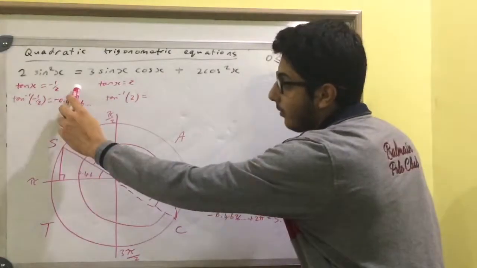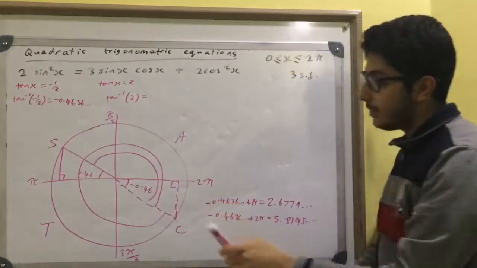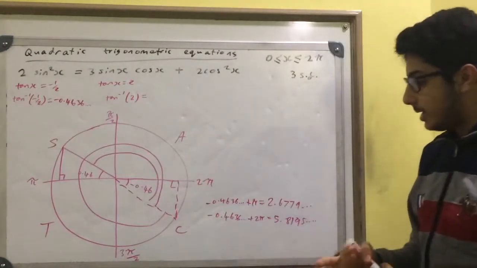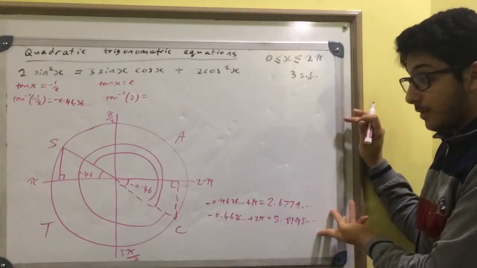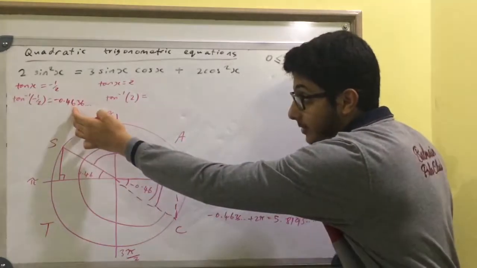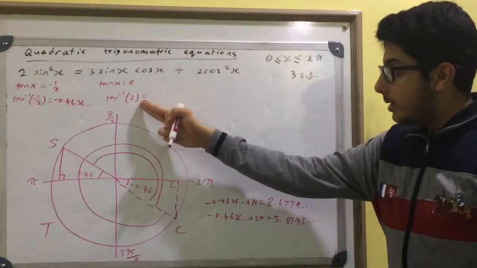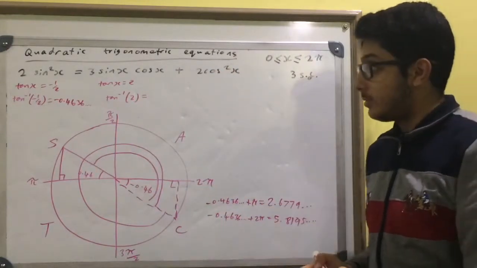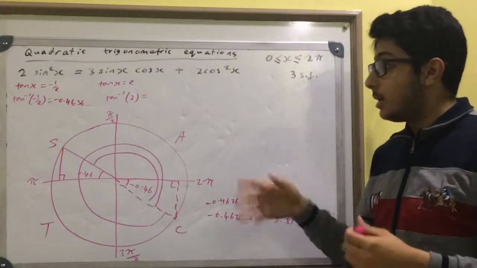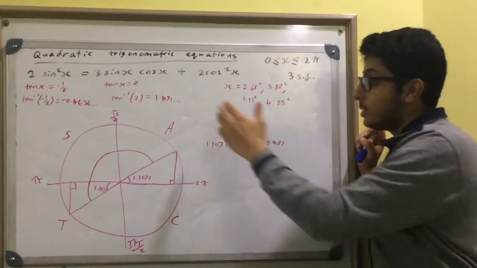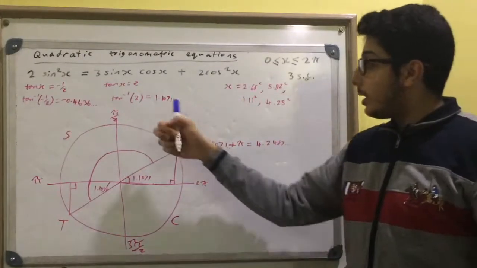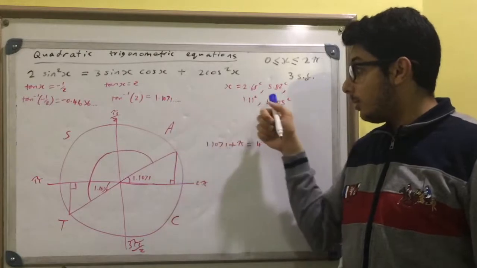So I solve for tan x is equal to negative a half first. I use the unit circle in this case, and I get these other two values. The value that the calculator gives me is actually not in the range, so I can't use that. And then we solve for the other value for tan x, because remember it's a quadratic, so it usually has more than one value. So we do inverse tan of 2, and I get 1.1071 and so on.